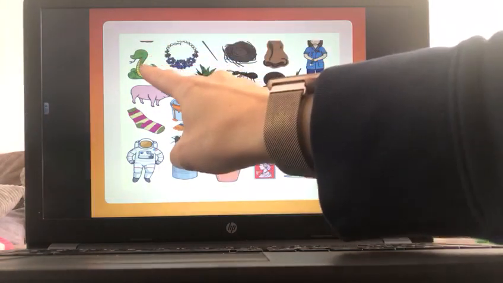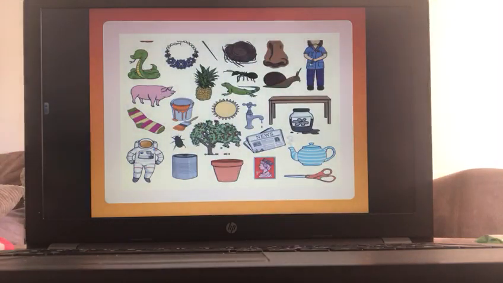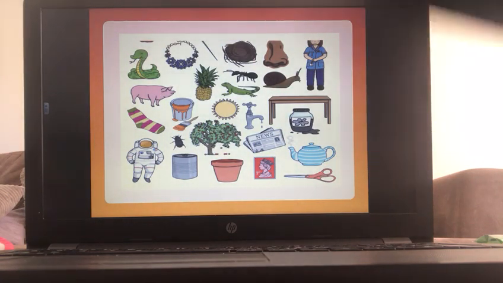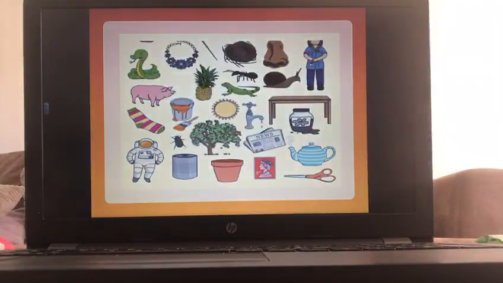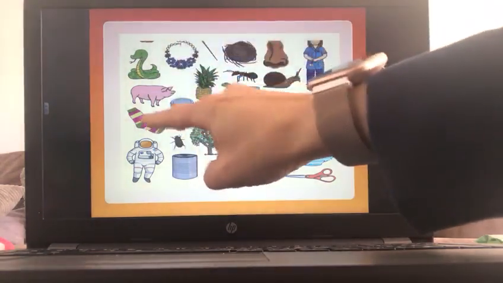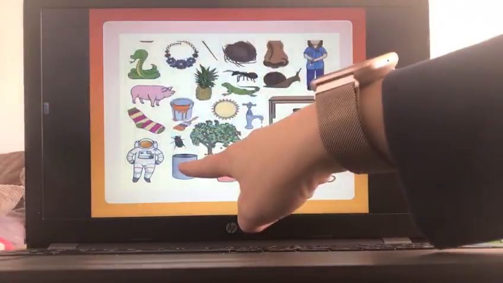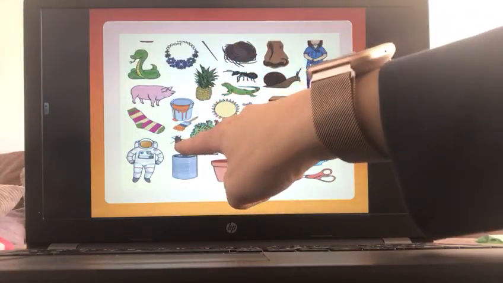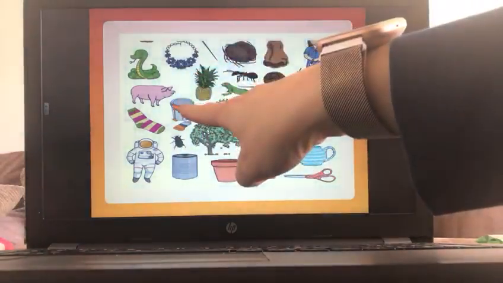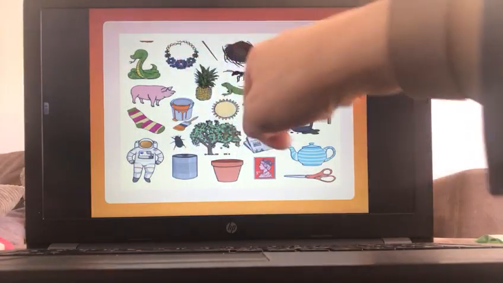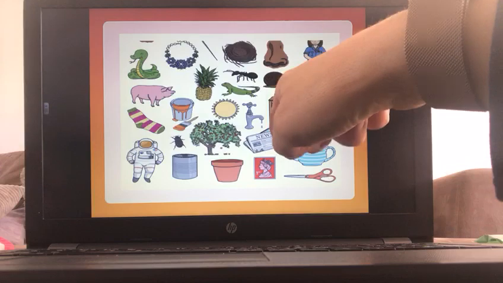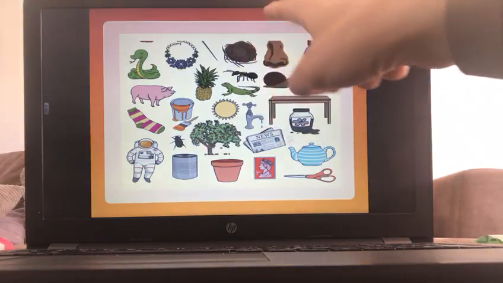So there's a snake. Would the snake begin with an S? Have a little think. There's a pig. There's a sock. Astronaut. Tin. Insect. Paint. Necklace. Needle. Nest.